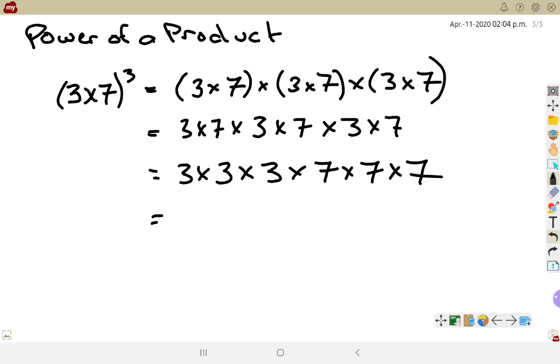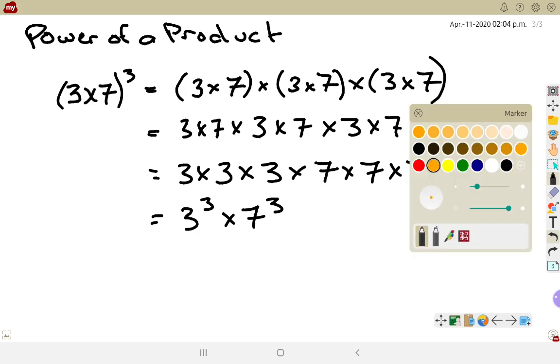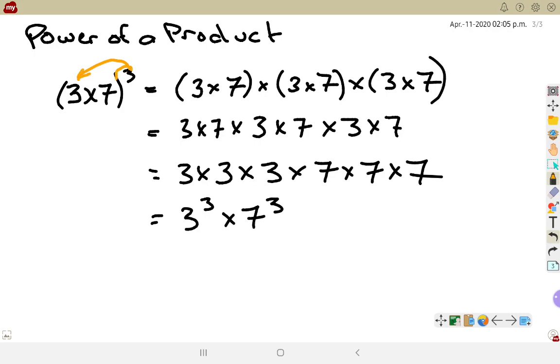So I can gather all the 3's together, and then I can gather all the 7's together, and it just so happens that there are 3 3's and 3 7's. Okay, so the power of a product is basically telling us that the exponent goes on to both things in our product. Okay, now that one's going to come in handy as we start looking at powers and we've got a coefficient as well as a variable.